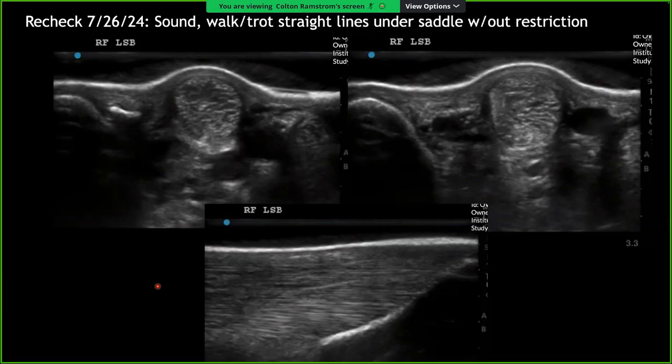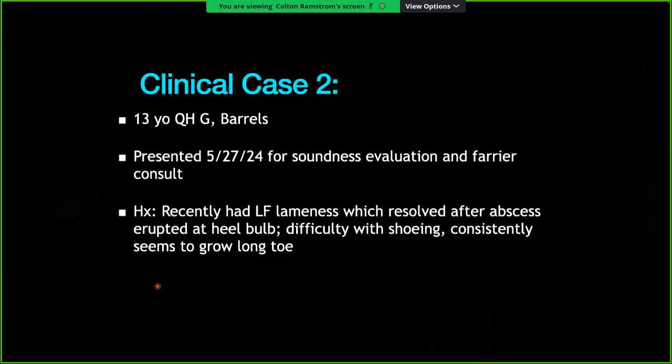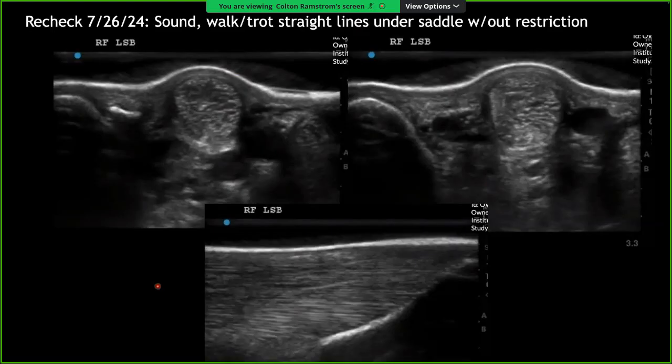So overall, I was actually pretty darn happy with how this horse has been progressing. Current update on him, still doing well under saddle. That little hiccup we had with the left front seems to also be healing well. So we're still slowly working back up to full work, but the goal is that we will get there on him.